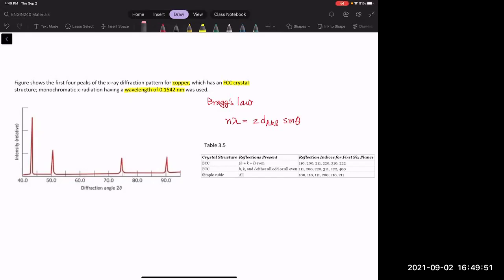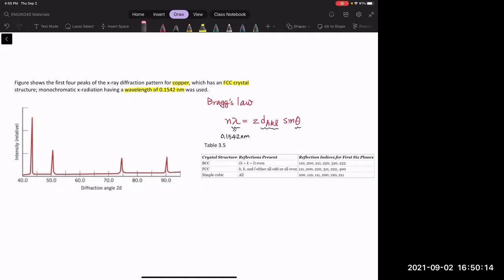So the unknowns here are the lambda, the d, and the theta. Over here in this problem, you were given lambda. This is equal to 0.1542 nanometer. Now, what is the n here?